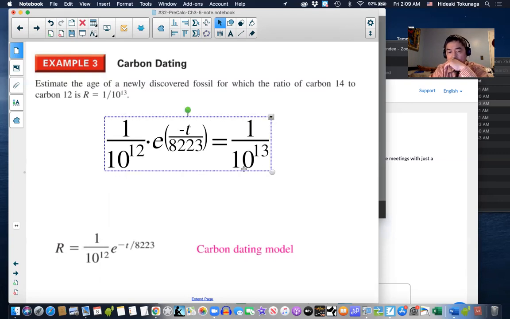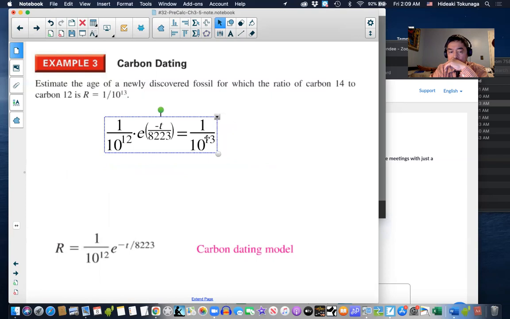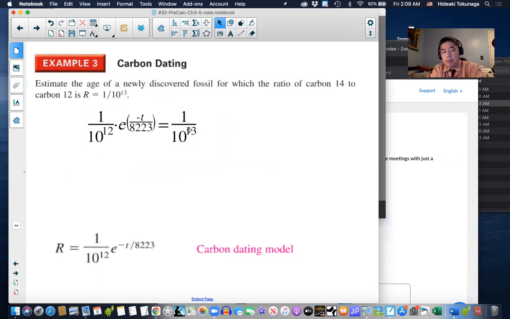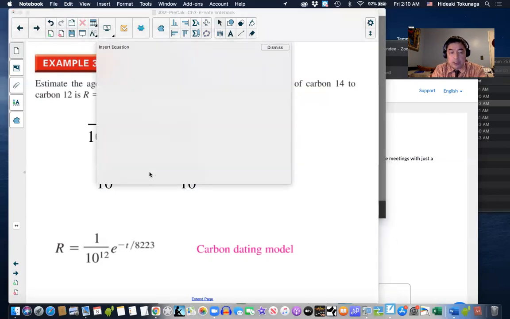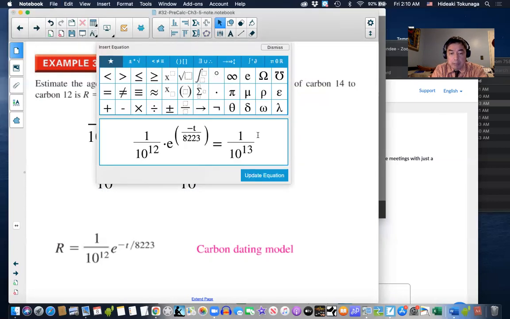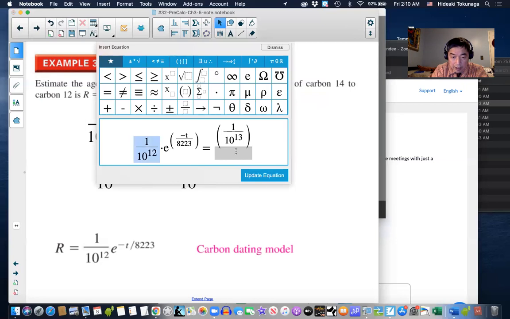So let's do that. I will keep this one here. I wonder if the whiteboard will accept this information. Let's see. Maybe I put a big parenthesis so it's easy to see. I create this big parenthesis and put this information here, if I can.